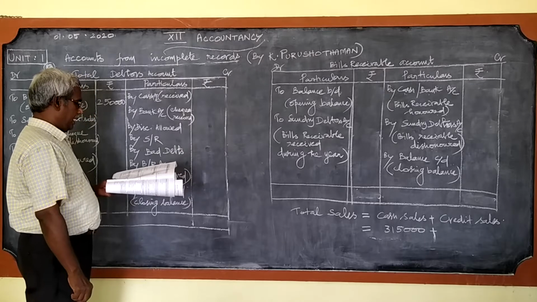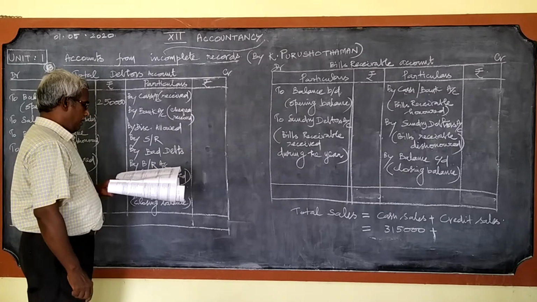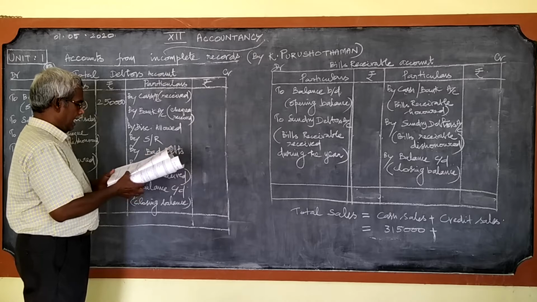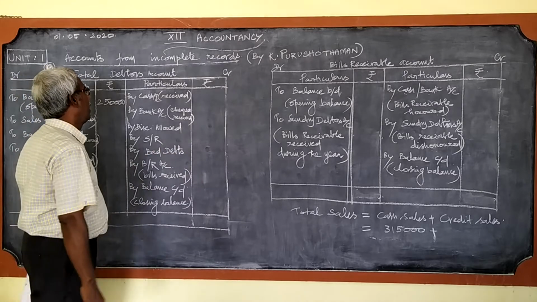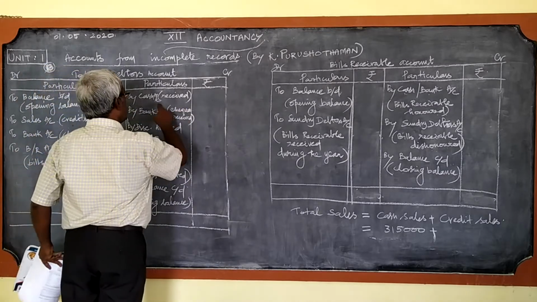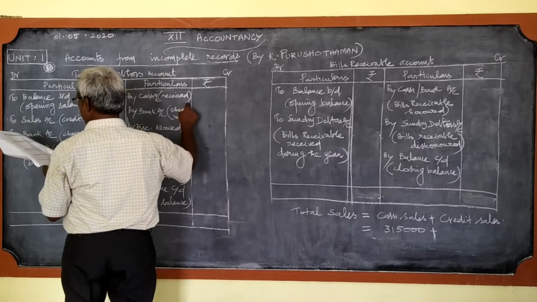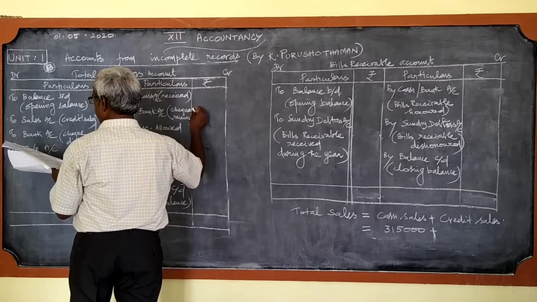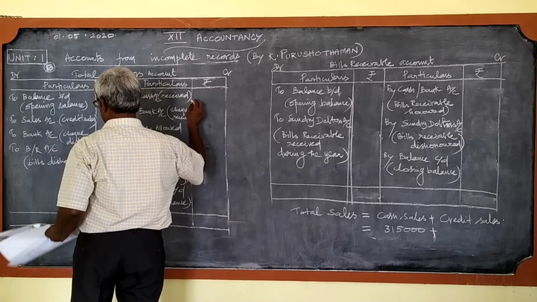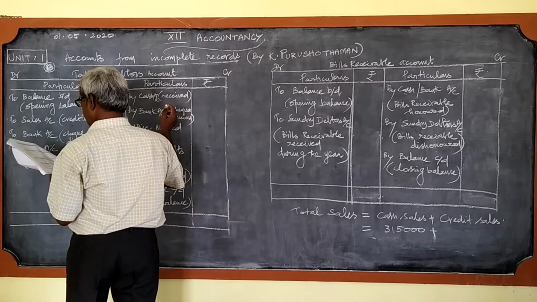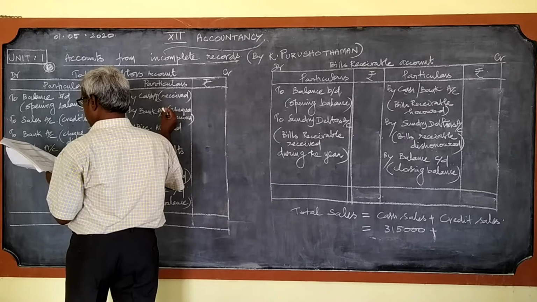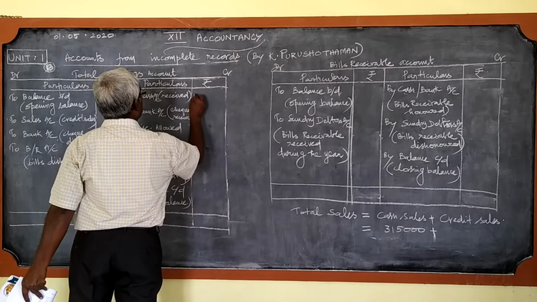And the next one is cash received from debtors. The amount is 1,60,000. Cash received from debtors is 7,25,000.